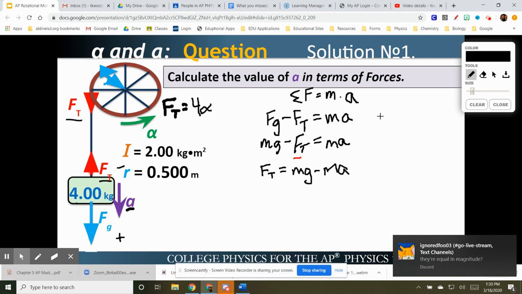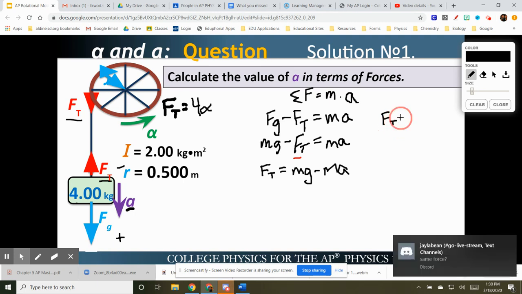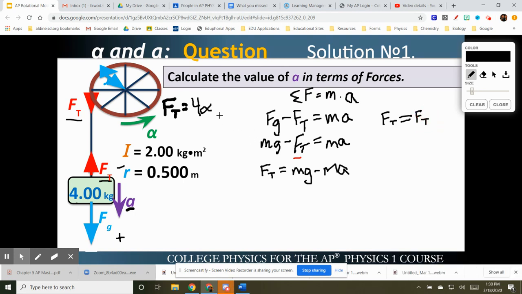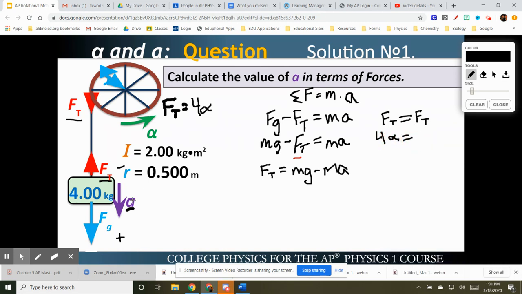Yes. Good job, Gabriel. They're equal magnitude. You got it, Jayla. So that's what I'm setting up here: the force of tension in the pulley, so 4 alpha, is going to be equal to the force of tension that's on the block. Yeah, Mia, good. They're equal but opposite as well.